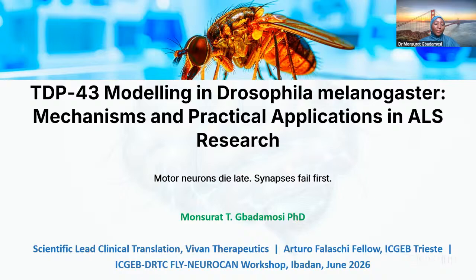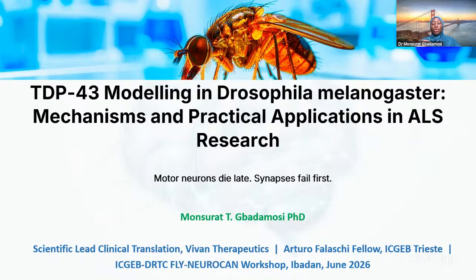So that is why we decided to take some steps back, because many models follow the TDP43 aggregation model, because the hallmark of ALS is TDP43 aggregation in the brains of ALS patients.